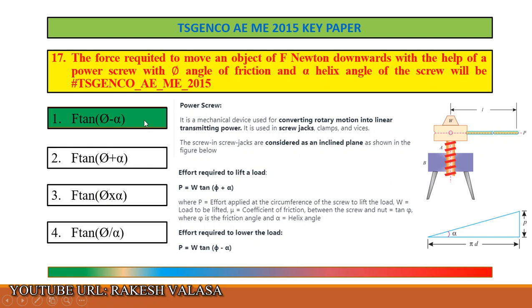Here he is asking about the force required to move an object of F newtons downwards. In the given question, F is given. In this explanation, I have taken W as the load to be lifted or lowered. So the correct answer is F tan of phi minus alpha.